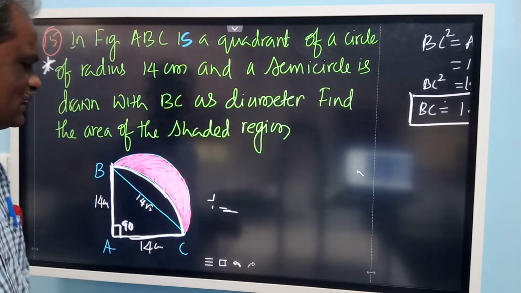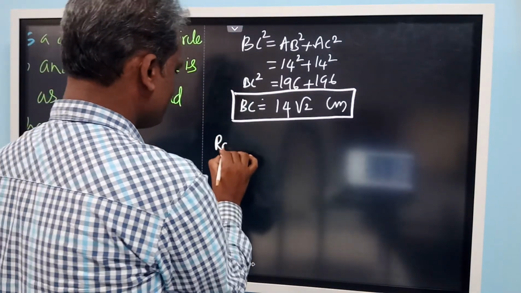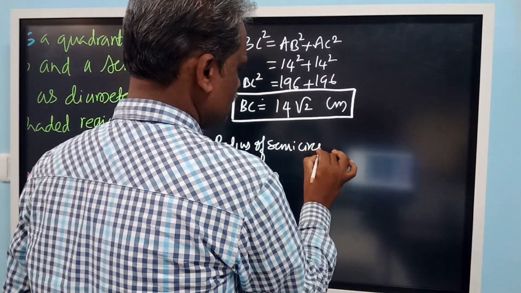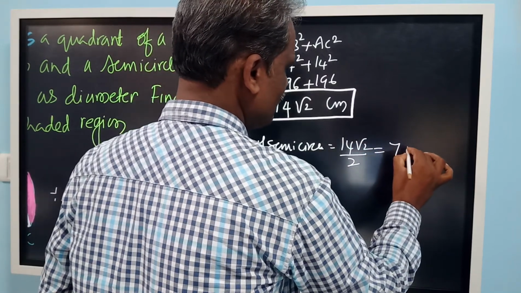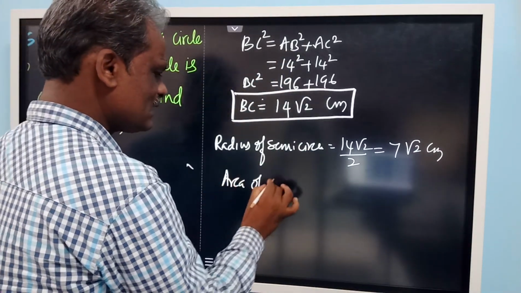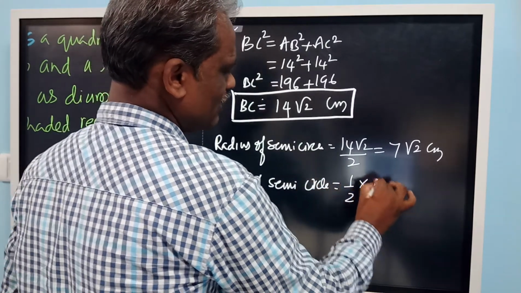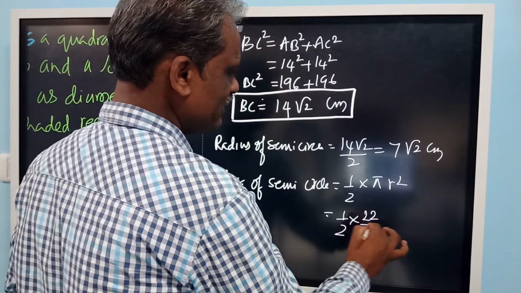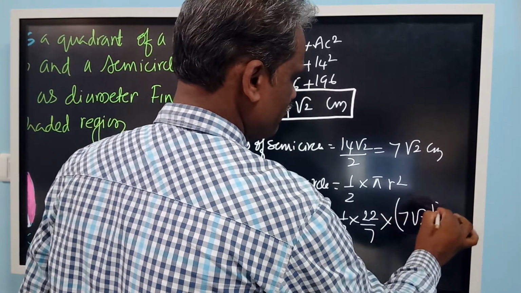Now to find the area of the semicircle we need BC as the diameter. So radius of semicircle is equal to 14 root 2 by 2. So that is 7 root 2 centimeter. So therefore area of semicircle is equal to half pi r square. So 1 by 2 into pi value 22 by 7 into radius square, 7 root 2 whole square.